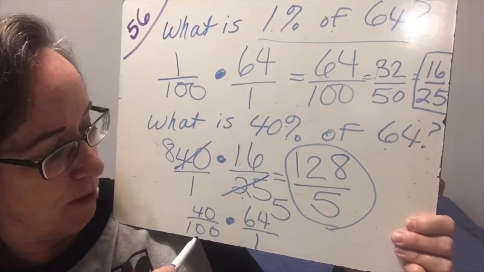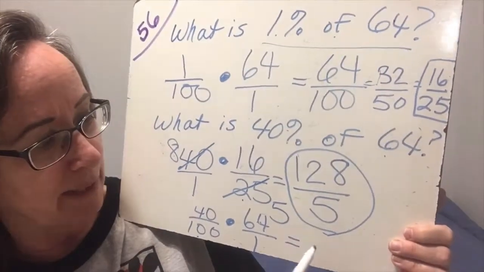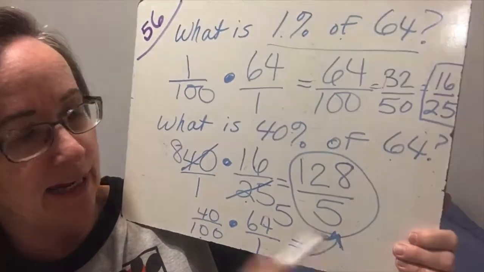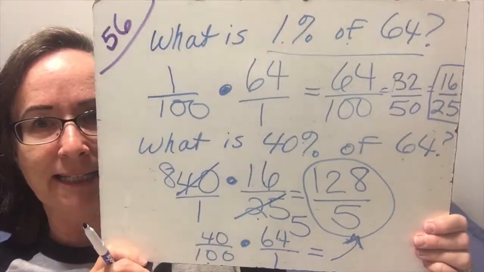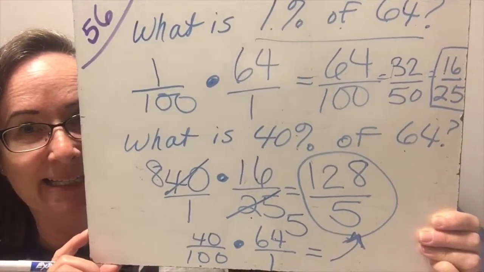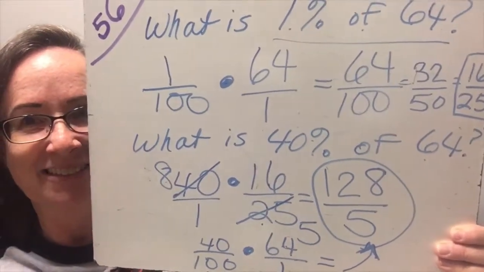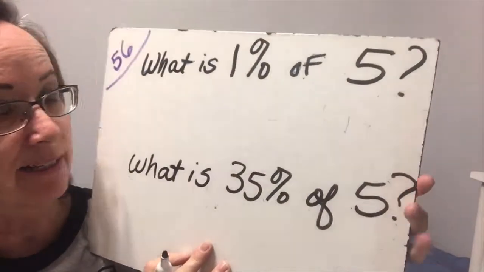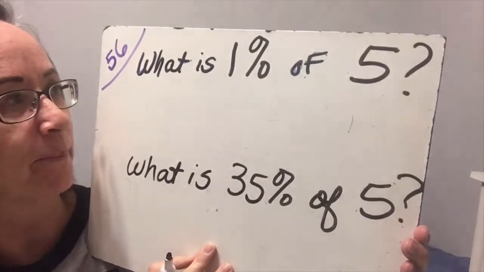So 64 over 100 times 40, any way you cut it, you're going to get the same answer. Okay, so percents are a lot of fun and very easy to work with because dividing by 100 is pretty easy, especially when you're using decimals. And this is our last practice, so copy it down and then pause your video.